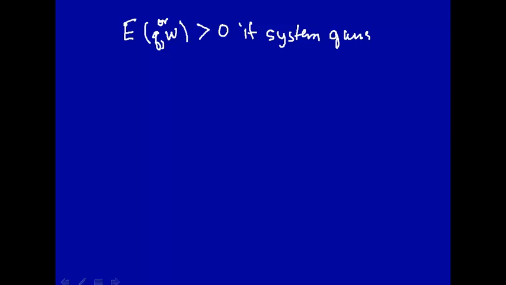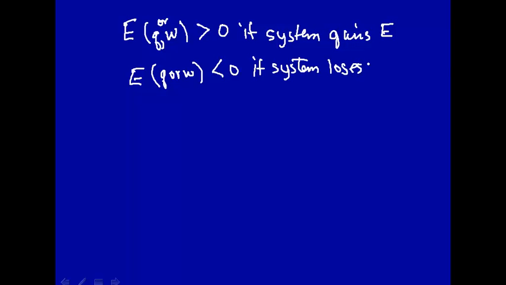We say that an energy change, which for instance could be Q or W, will be greater than 0 if the system gains energy, and will be less than 0 if the system loses energy. So in other words, this is a system-centric convention.